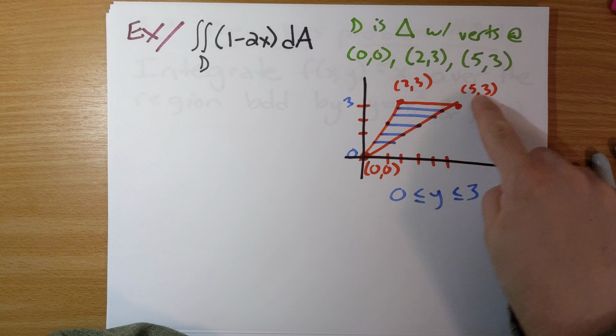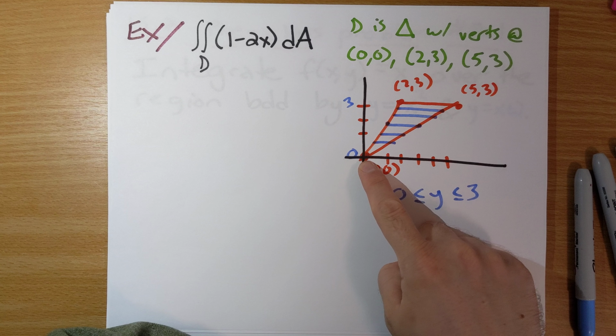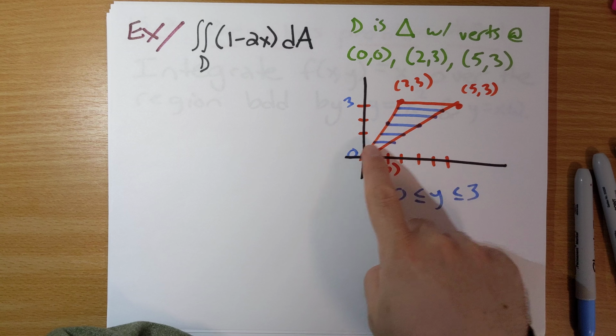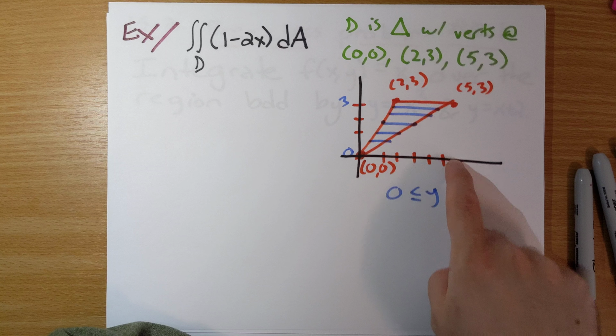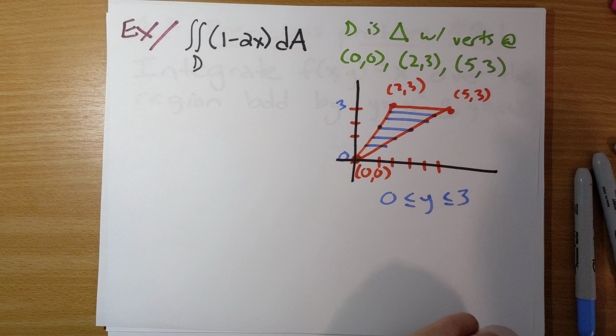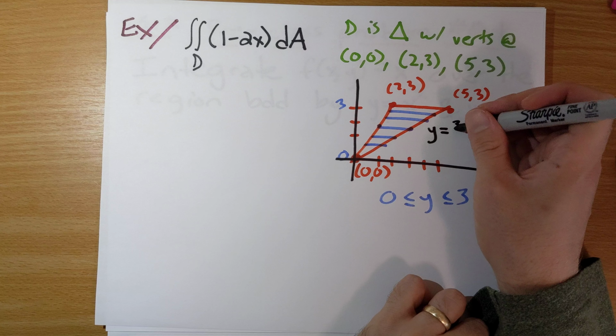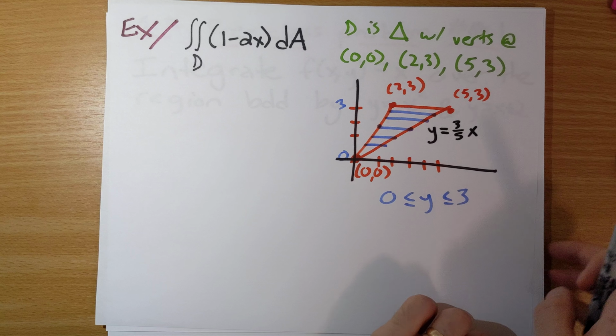Well, this line right here, I'm just going to pick this one to do first. This is a line that passes through the origin, and it has slope: when x goes up 5, y goes up 3. So an equation of this line would be y is equal to 3/5 x.